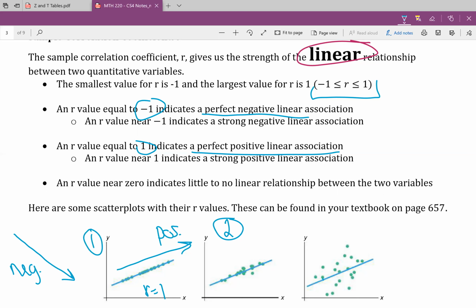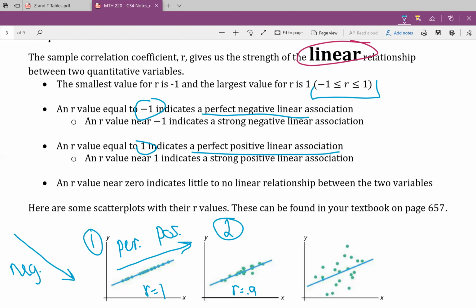So that means we're not going to have a perfect, I might even write that over here. This is perfect positive. The first one is perfect positive. The second one isn't going to be perfect positive. It's going to be strong positive. So that means the R value is going to be very close to 1, but not quite 1. So maybe around 0.9. That's close to 1, but not quite 1.